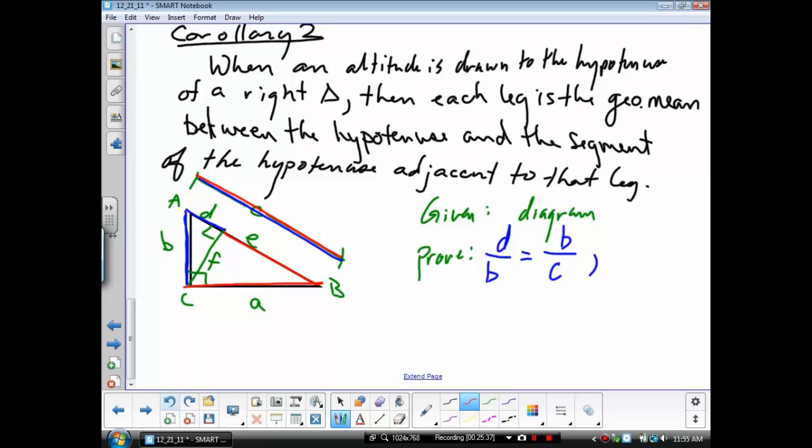Which means, in a proportion, A will be in the means position between the whole hypotenuse and the piece adjacent to it. It's C and A and E.